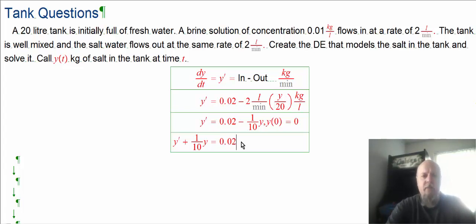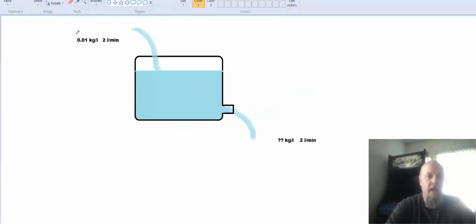If I were to take this initially fresh water and continue to flush it out with this 0.01 kilogram per liter salt solution, and I've let it go forever, eventually, how much salt will be in the tank?